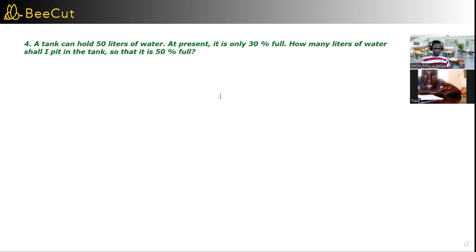It is only 30% full. How many liters of water shall I put in the tank so that it is 50% full?